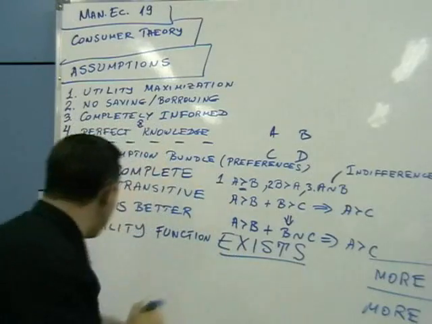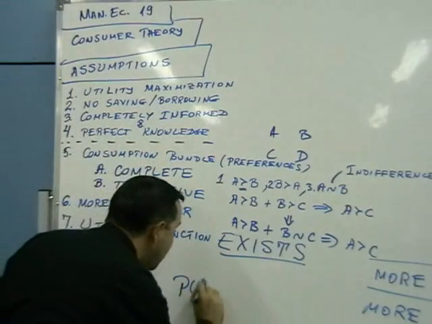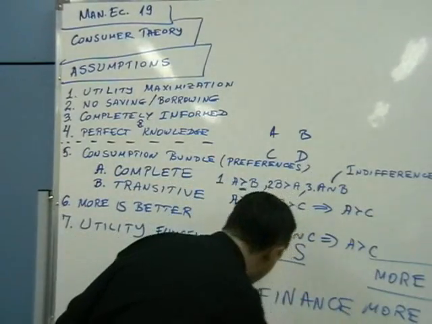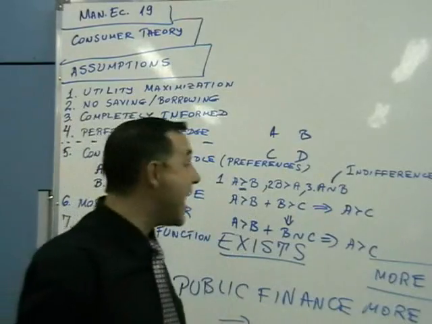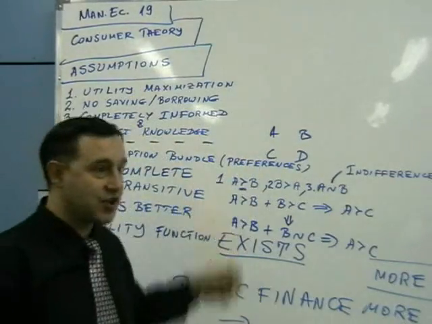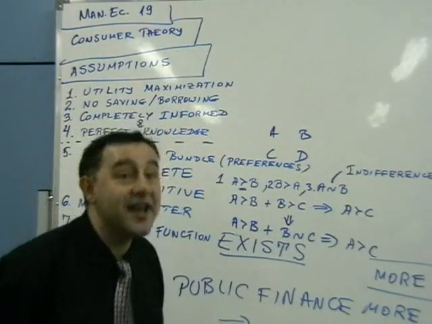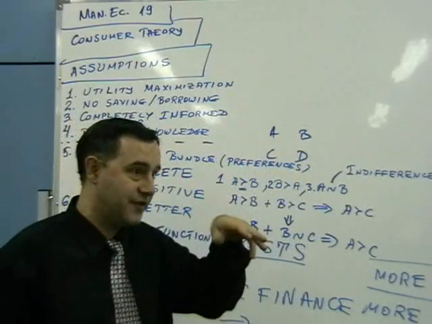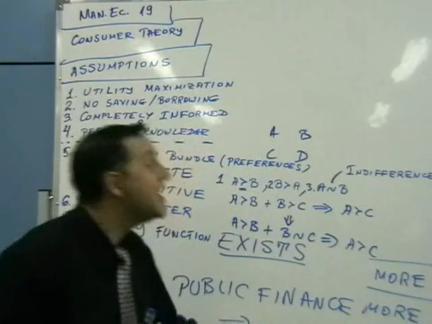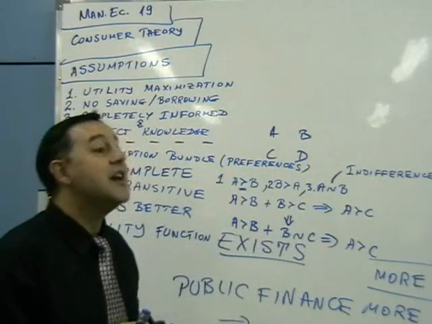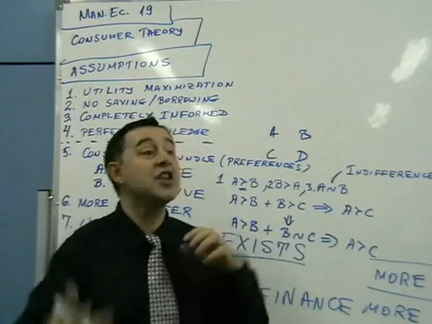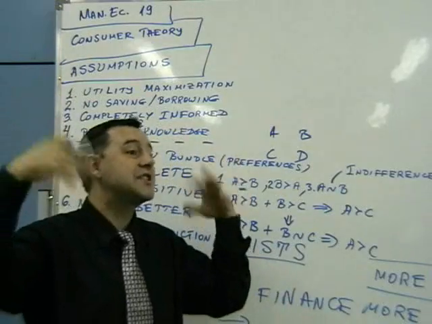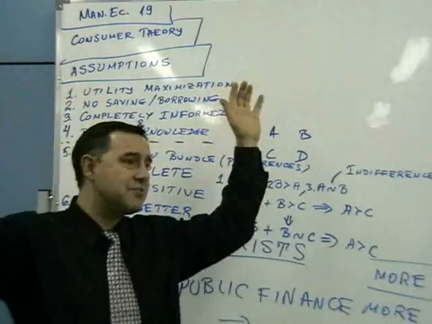Only in the subject which we call public finance do we attempt to construct a public utility function, which we also call a social welfare function. The social welfare function is the utility of the whole society, when we begin to aggregate utilities across different people to create one larger societal utility. It's a whole different subject altogether.